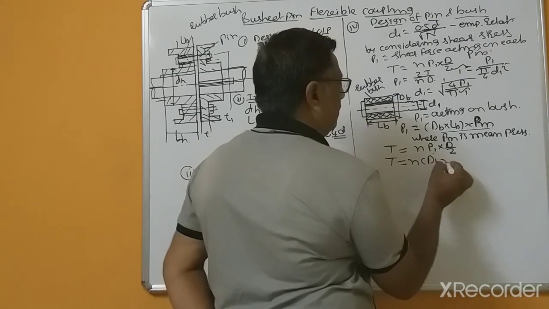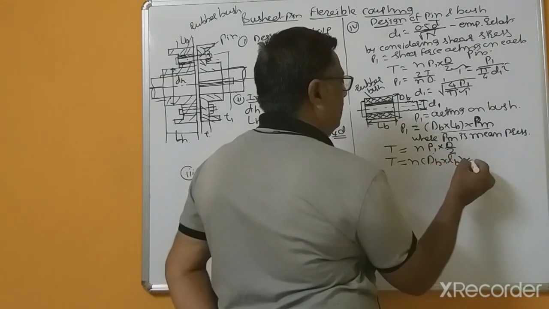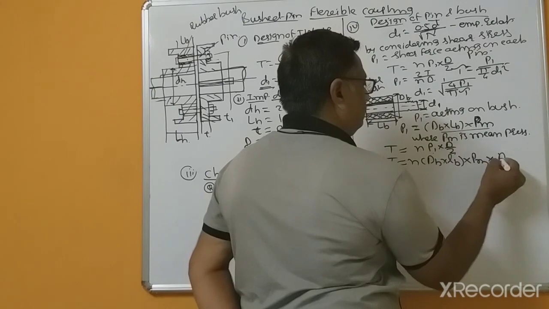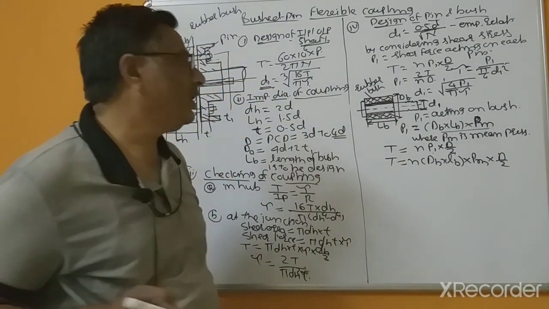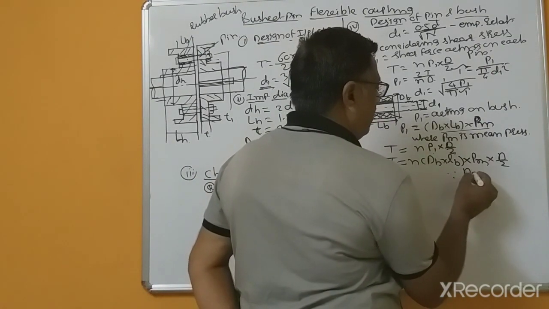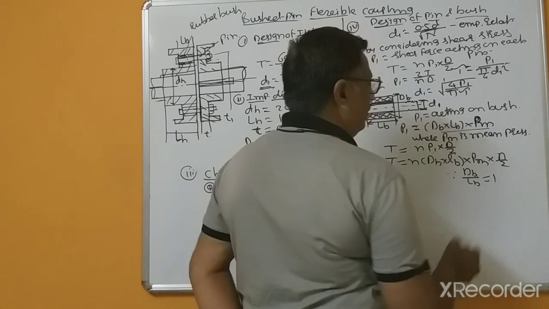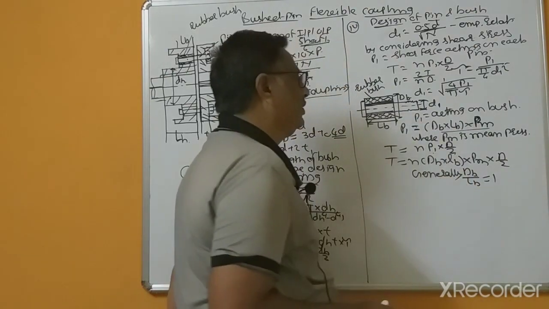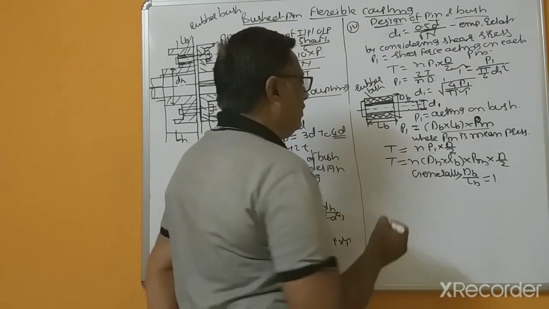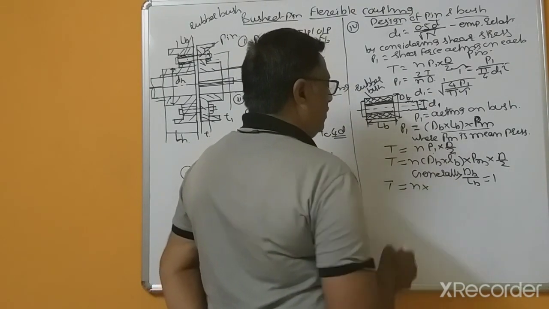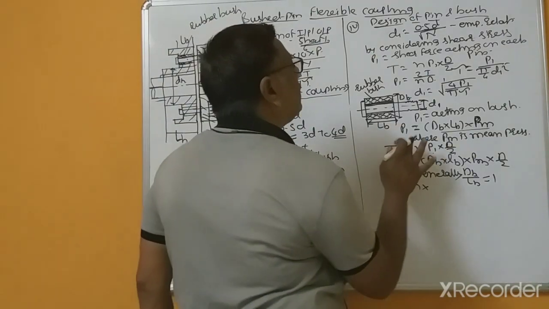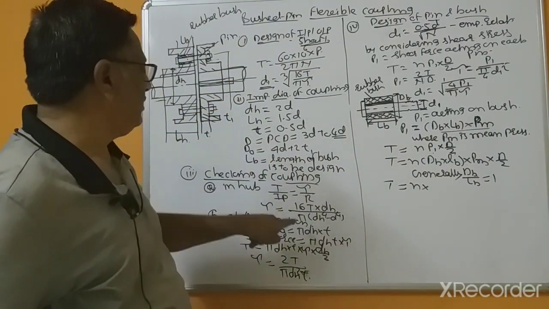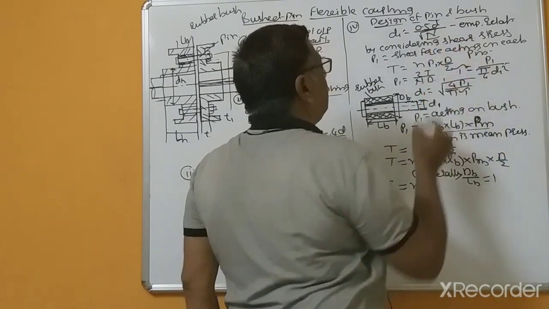This is dB into LB multiplied by PM, and generally the length of the bush to dB ratio is 1. PM is given, so T equals N into dB squared into PM into D by 2. Here capital N is the number of pins.